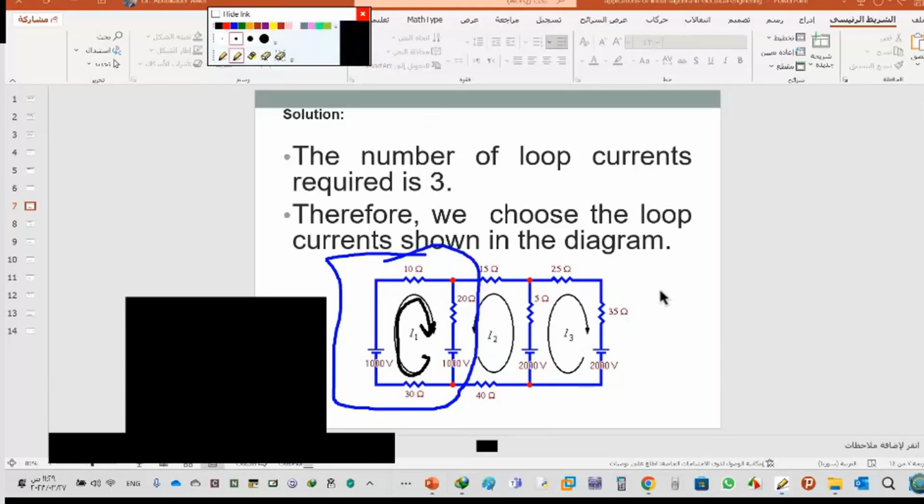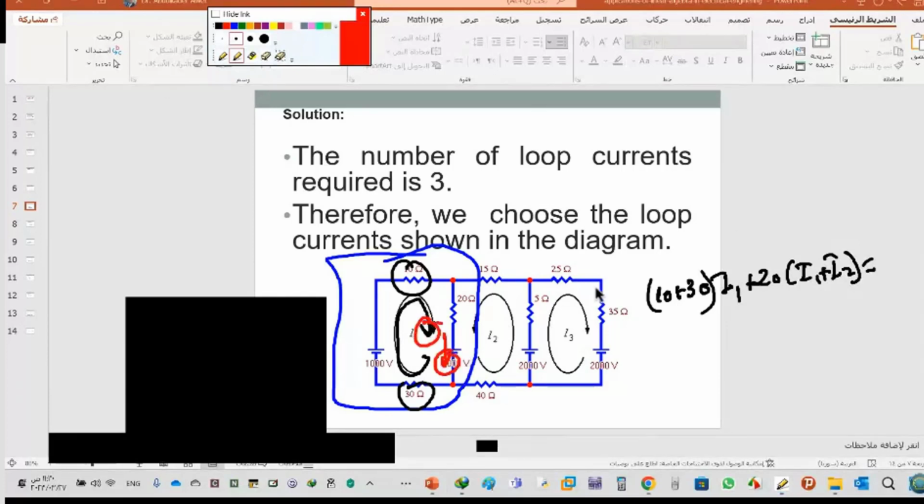So it is 10 plus 30 I1, here current 1, then 20 I1 positive I2 equal, see the volt, same direction, 1000, this continues opposite direction, minus 1000, and it's the first formula.